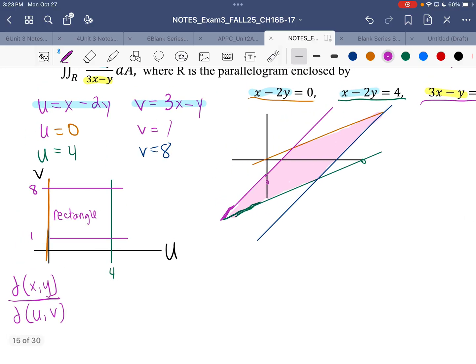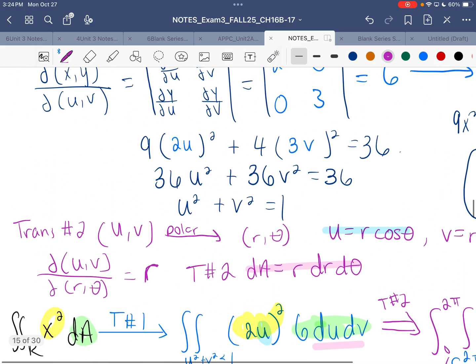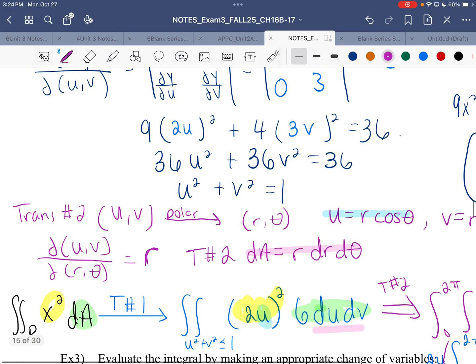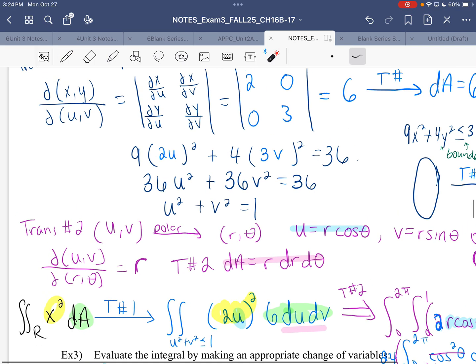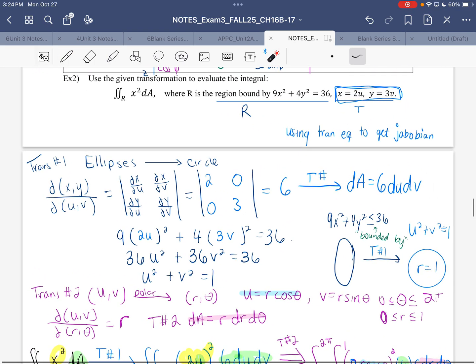What do you foresee being an issue? Because this is different than what we've had before. Right now we have u equals in terms of x and y. Before, when we've done all these transformations, we had x equals in terms of u's and v's. So the space we were going from is in the numerator, and what we want to go to is in the denominator.